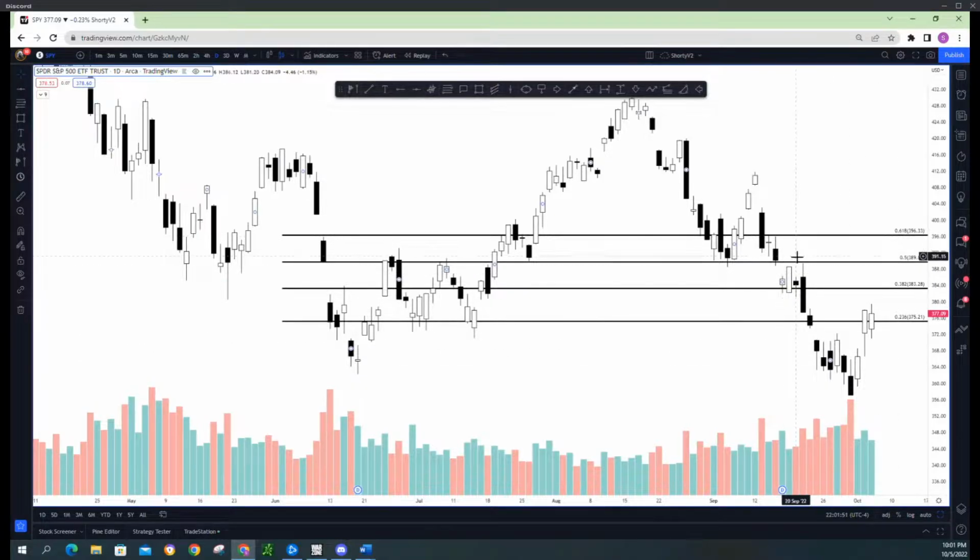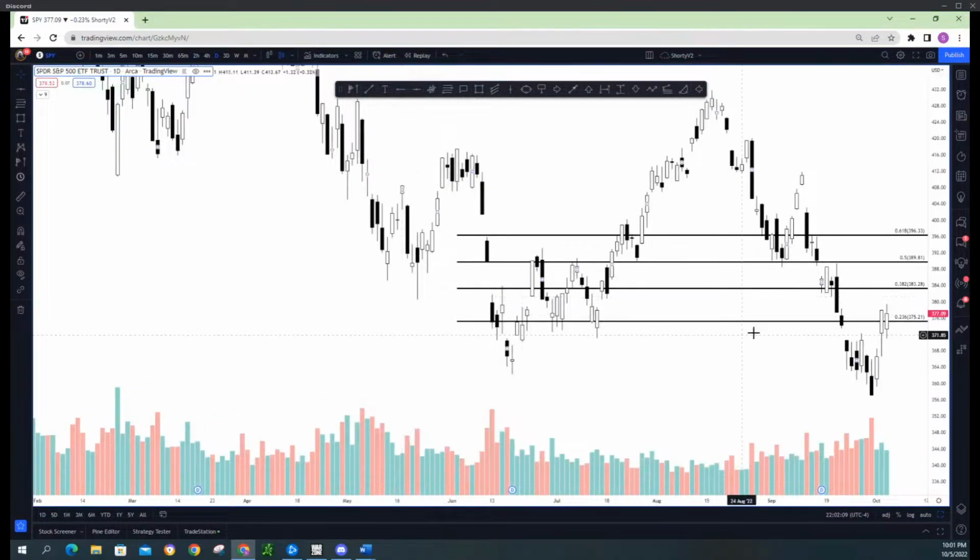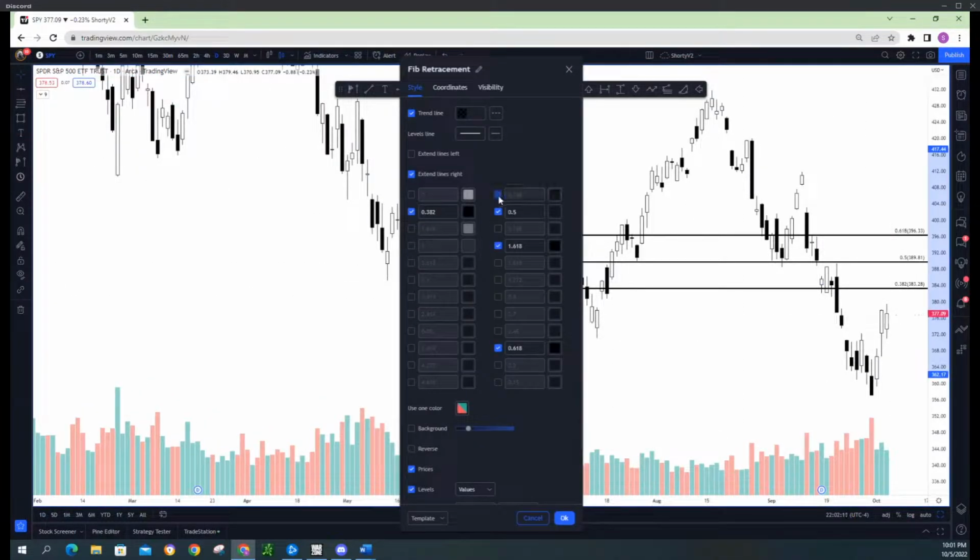So 61.8 and 50 were pretty much hit here. If you look closely, they were hit hard. And 38.2, I don't know if you noticed, only got a decent rejection here and a bounce here. So not as many clear hits, and this level I don't really use much.